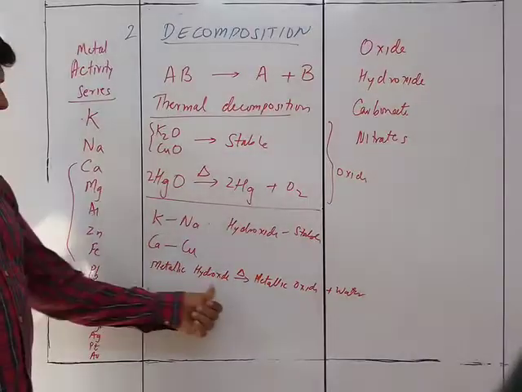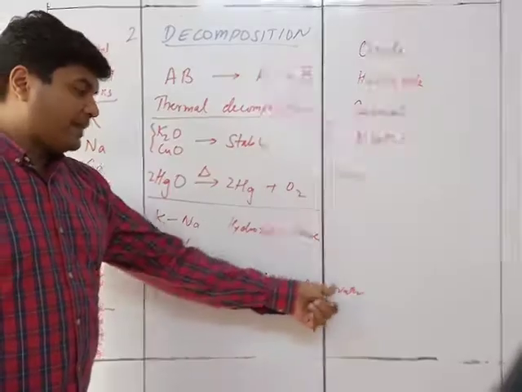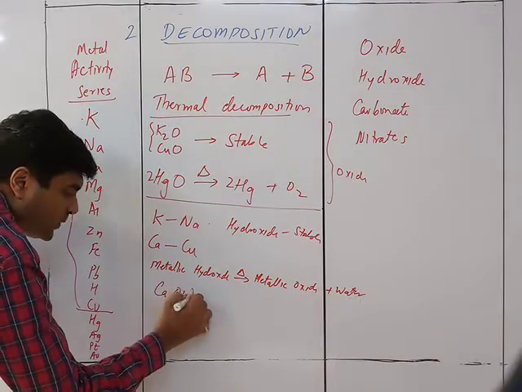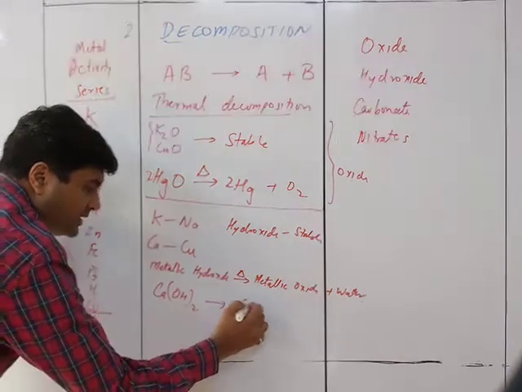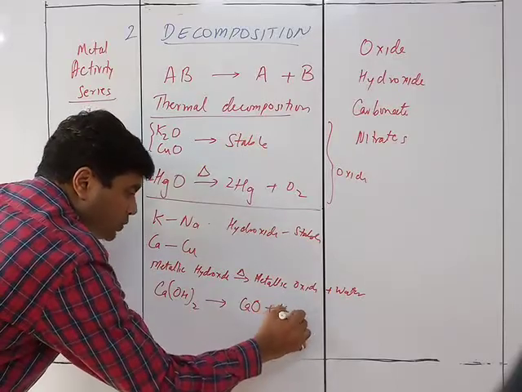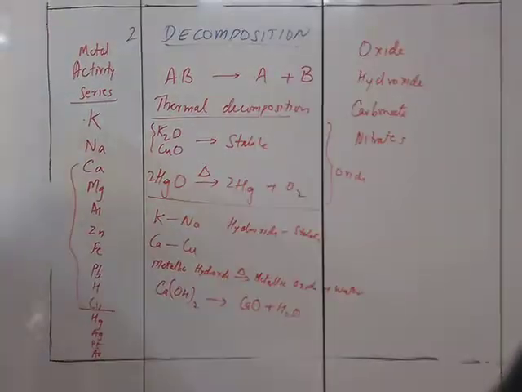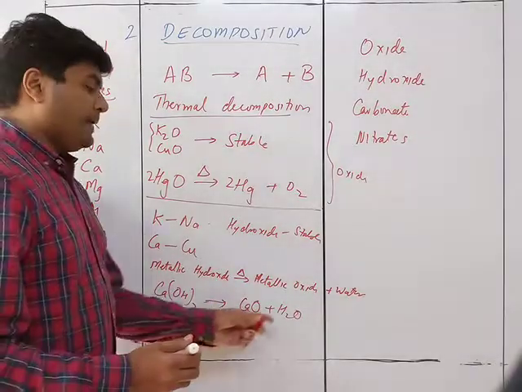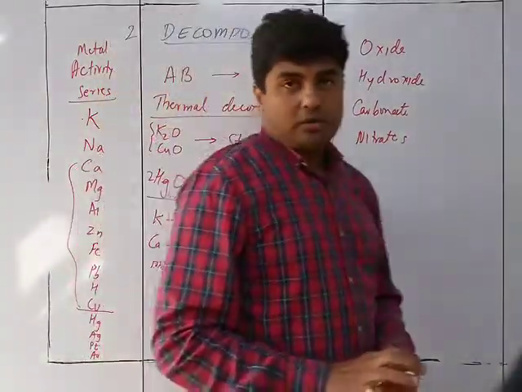Let's take an example: Ca(OH)2 will give me CaO plus H2O. Samjha? So metallic hydroxide will give you metallic oxide plus water.